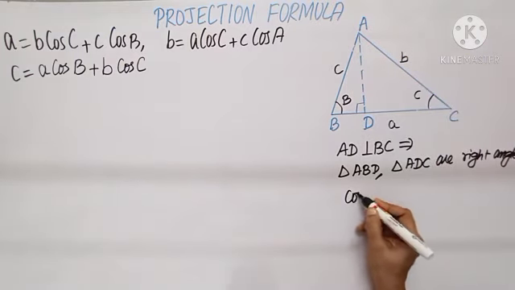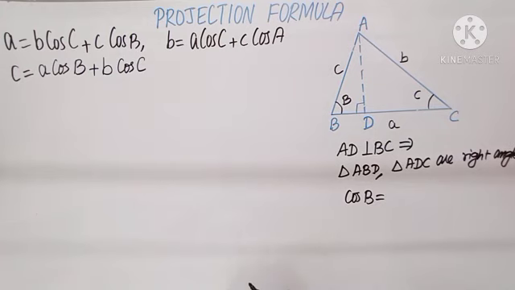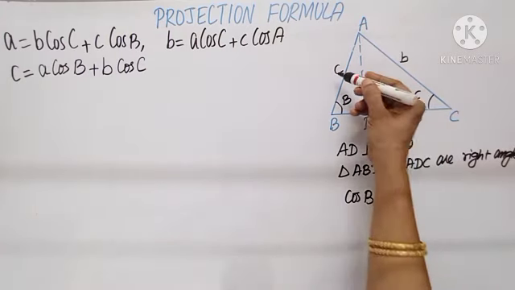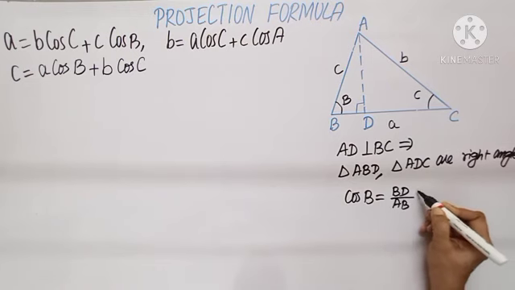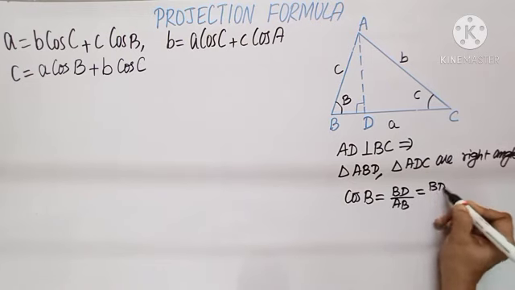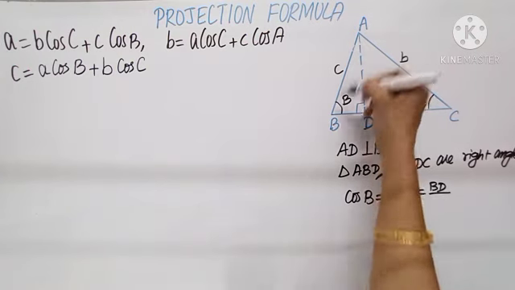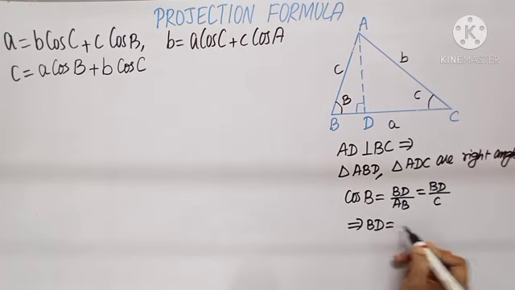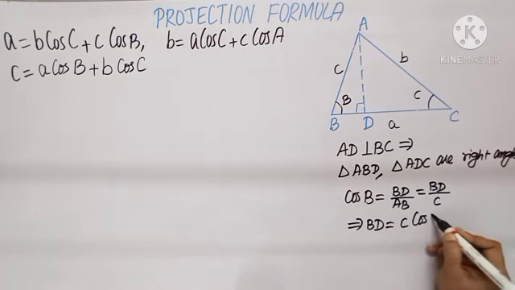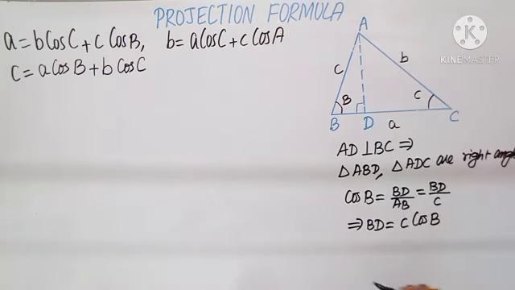Write what is cos B. It is adjacent by hypotenuse. BD by AB, or I will say BD by AB is cos B, with AB being c. This implies BD equals c cos B. The same idea from this triangle.